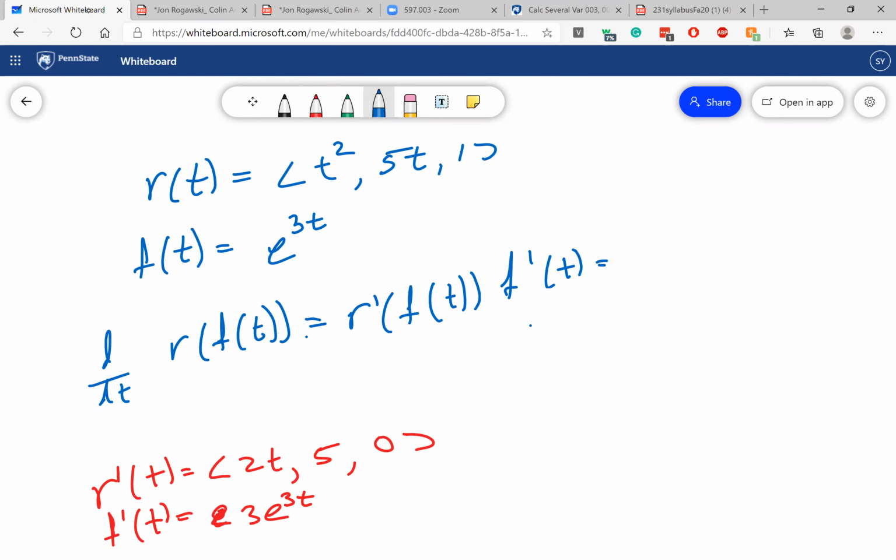So the r prime of f of t is going to be 2, and then for the t you plug in f of t, so that's e to the 3t, 5, 0, times the f prime of t, which is 3e to the 3t.